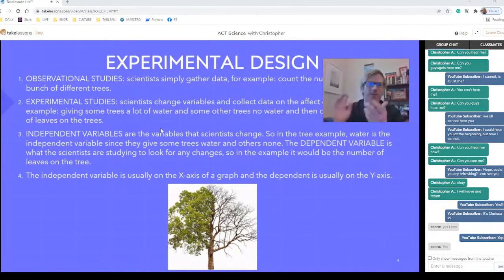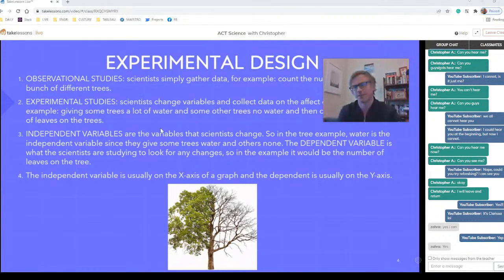Observational studies means you're just gathering data, like counting the number of leaves on a tree. Experimental studies, which is more what this test is about, means the scientists are going to change variables depending on what they want to study. In the example, how much water do you give the tree?